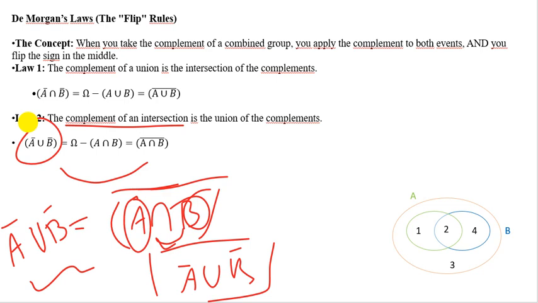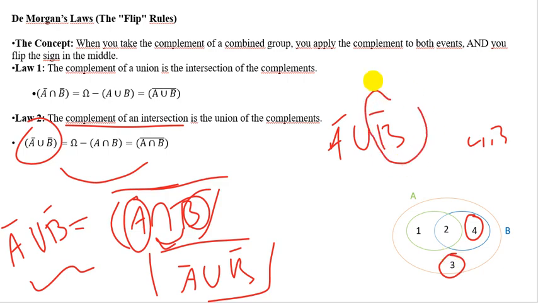A bar union B bar, that means it's in A bar, which means it's not in A. So not in A, it can be 4, it can be 3, or it's not in B, which means it's 1 and 3.